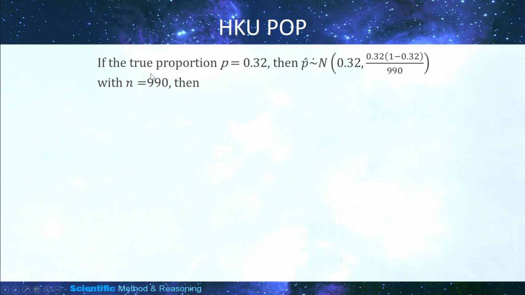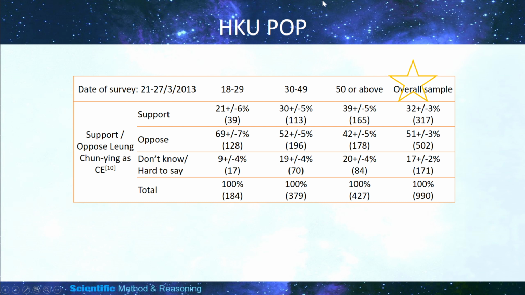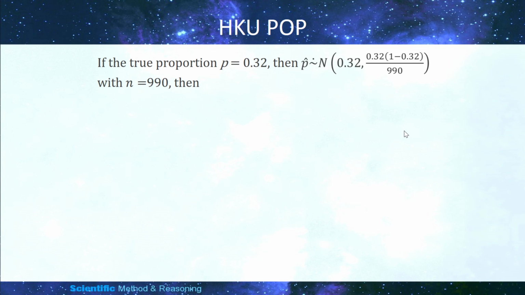using this example. Now, for example, we have about 32%: 317 divided by 990 is about 0.32. The sample proportion of people who support CY to be the chief executive is around 0.32 from this survey. Just assume that the true proportion P equals 0.32.